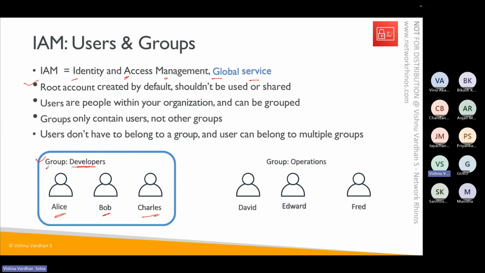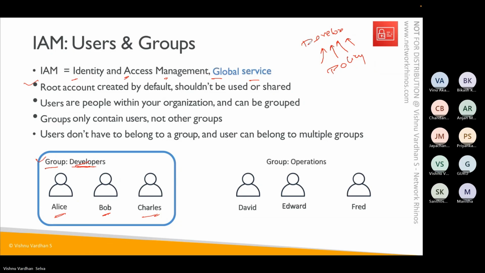Because the group name is developers, and this developer group will have certain rules and regulations burnt in by default. These are termed as policies. There are policies which will be burnt inside the developer group. So when I am calling Alice, Bob, Charles inside the developer group, indirectly those policies will be applied to my users also.